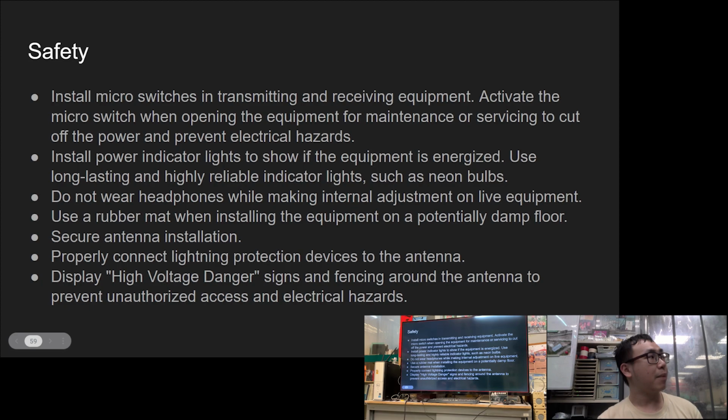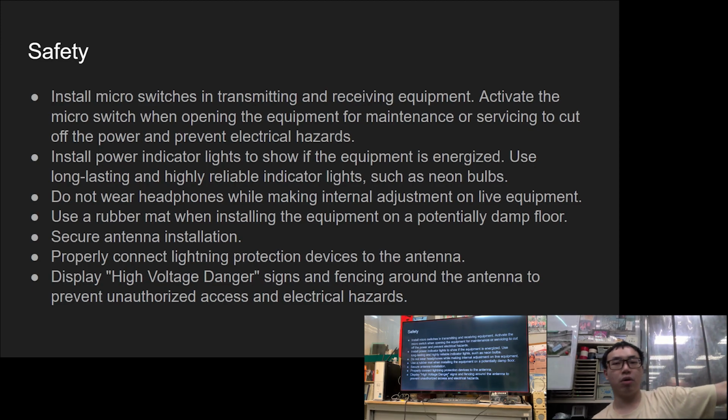And apart from that, antennas may emit a very high voltage for a larger transmitter or larger antenna. So if you have a very huge setup, you have to let others know that the place is dangerous.